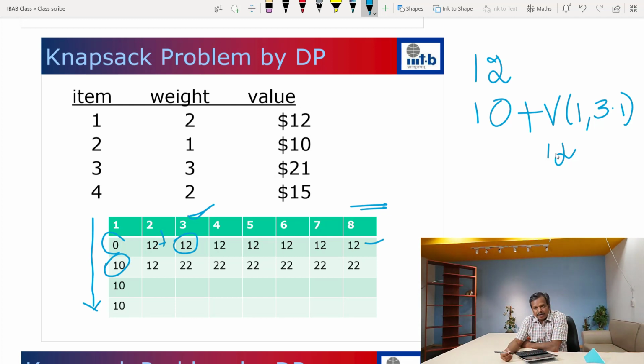Our algorithm will pick the maximum of 12 and 22, which is 22. Once it is 22, even if you are given a knapsack size bigger than 3, you can only make a maximum profit of 22, because you have already picked 2 items. Continuing to fill this table, you get the table as shown in the diagram.